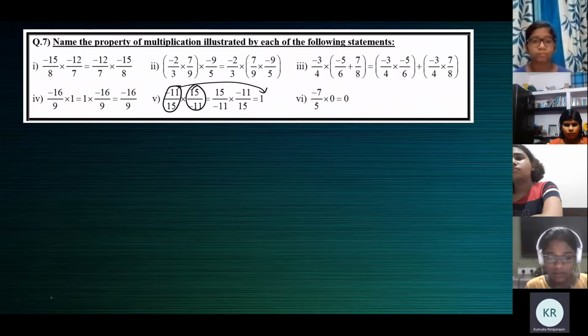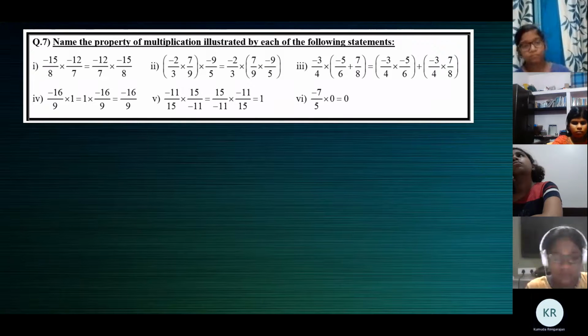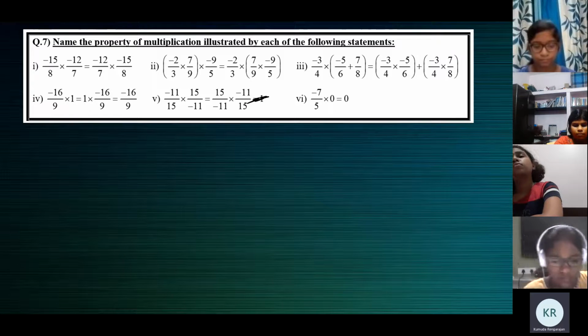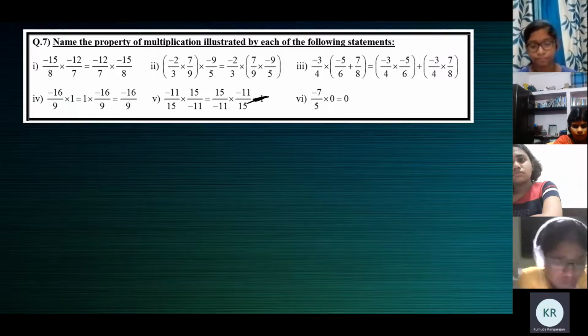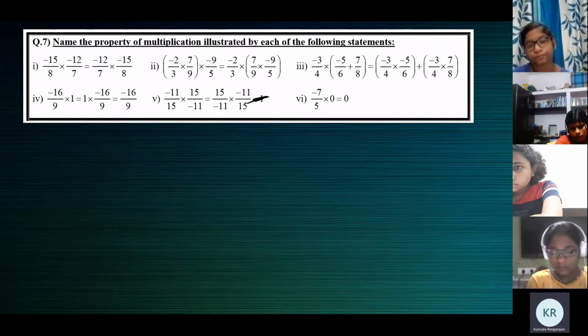So that is the multiplicative inverse of rational numbers, not the commutative property. You should give the most appropriate property.